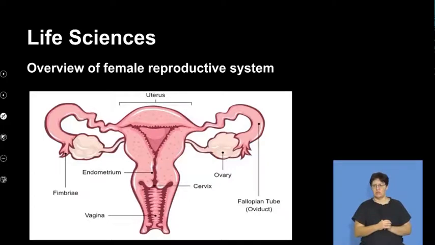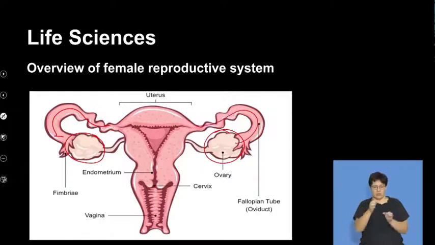So as I mentioned, we've got a pair of ovaries. We have a system of tubes called the fallopian tubes, which carry the eggs into a muscular organ called the uterus. Okay, so that's important for us to be able to recognize as we look at an overview. We also have the vagina through which copulation takes place.